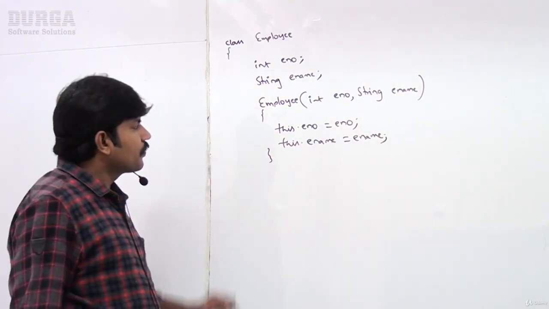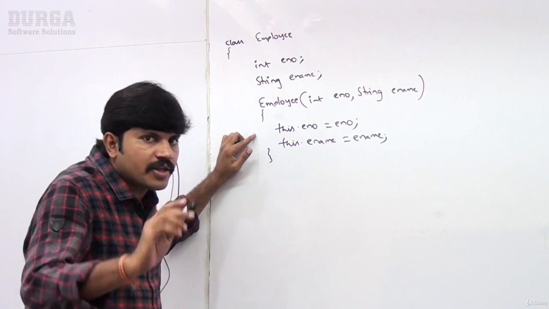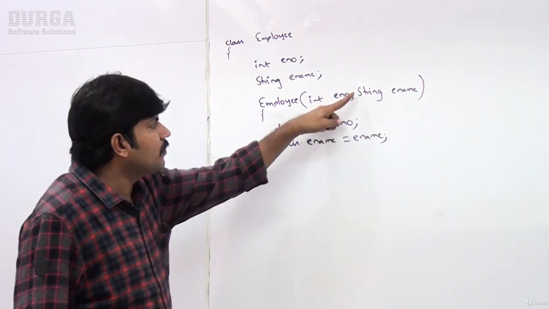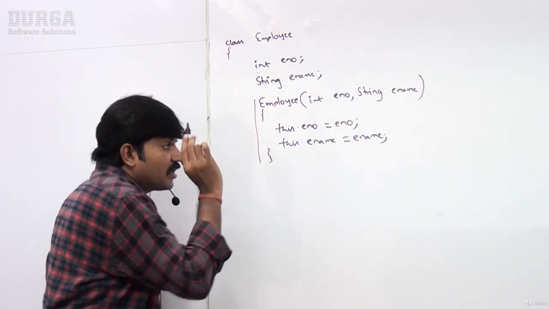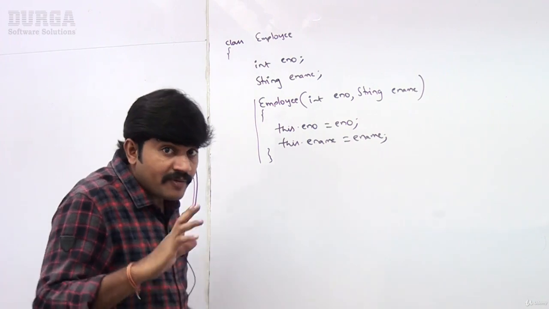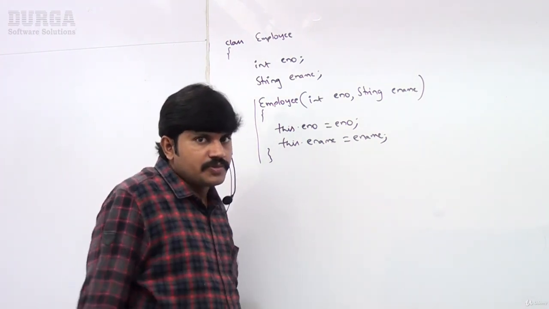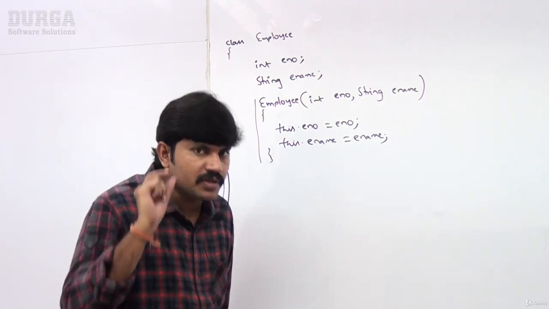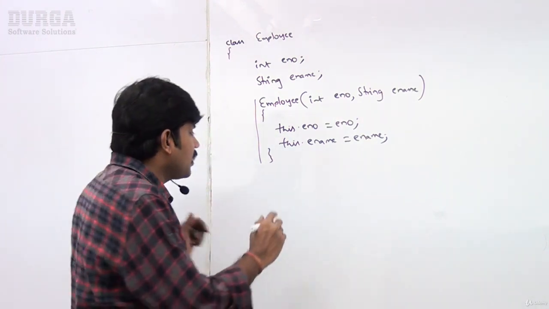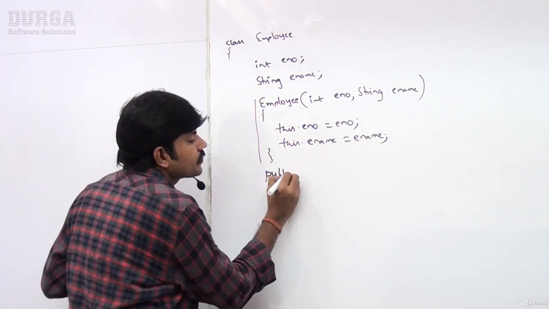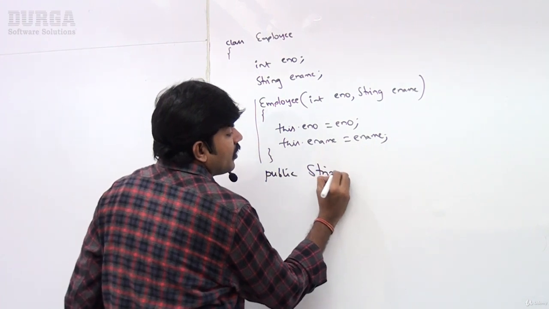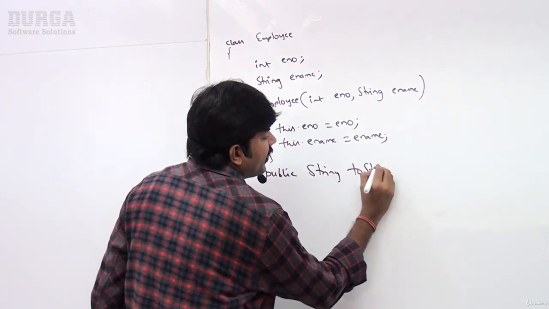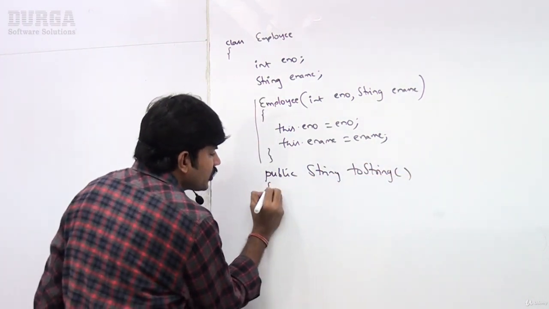This is the employee constructor. Whenever you are creating an object, to perform initialization, this constructor is going to execute. For a meaningful string representation when printing an employee object, let me override the toString method. Which method am I overriding? The toString method.